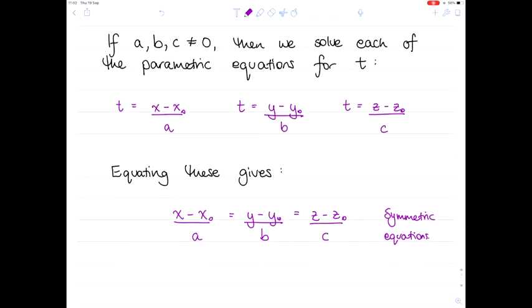And you'll notice that in the symmetric equations we don't have t. So just to check that we know where all the variables are, we have x naught, y naught, and z naught, which are the coordinates of a point on the line. And then we have a, b, and c, which give us the direction vector of the line. So the things that I've just highlighted are all constants, and our variables are x, y, and z.